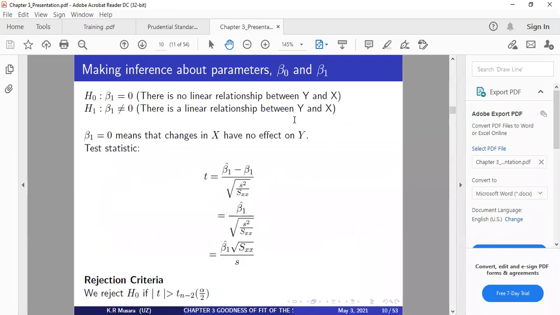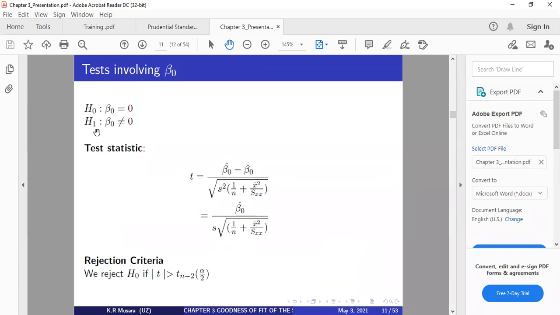After it derived the standard errors, this is for beta 1, this is for beta naught. So if you're testing for beta naught, you're going to use this. So this formula follows a t distribution. I'm sure this is what you're covering in inference, those who are doing inference.